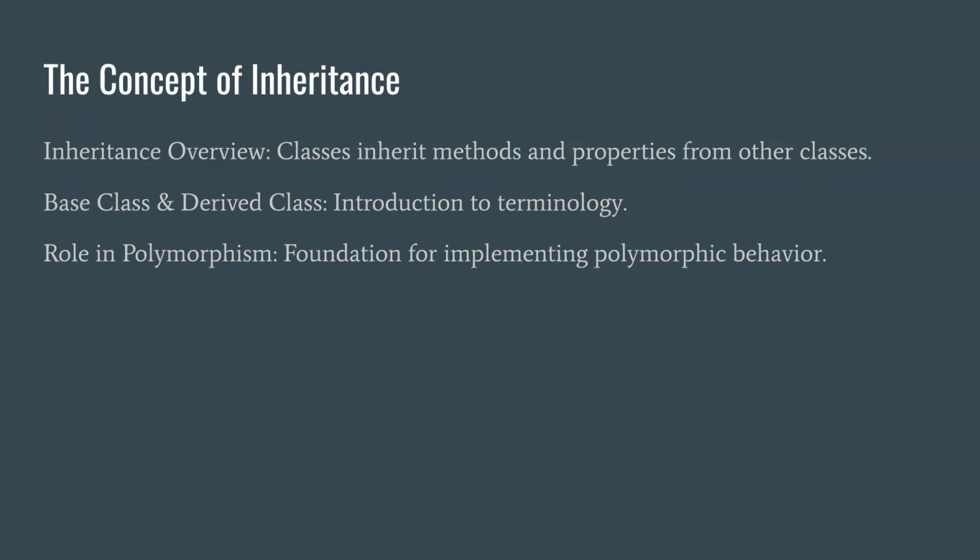The concept of inheritance. Before we look more into polymorphism, let's quickly review inheritance. Inheritance allows a class known as a derived class to inherit attributes and methods from another class called a base class.